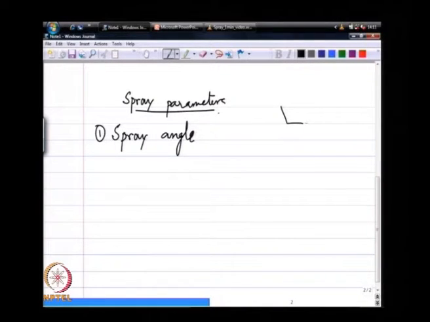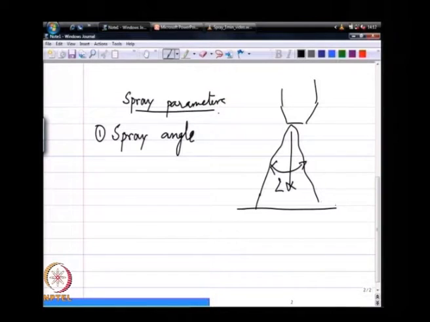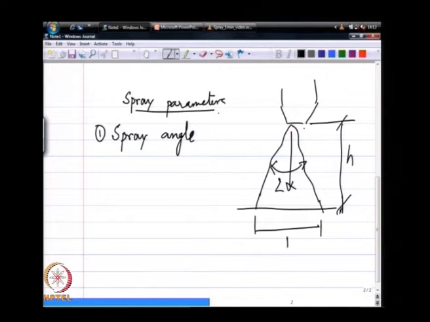So, if I take a typical spray, this sort of an angle, I can measure that by coming some distance downstream and looking at the diameter of the disc that I make.